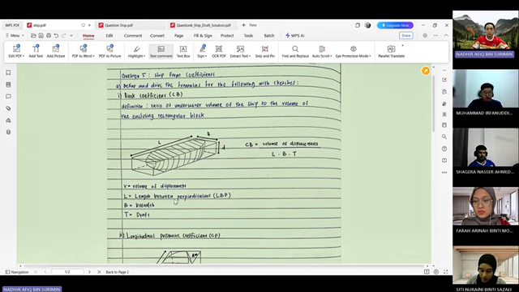First, calculate the displacement. First, we give the data.